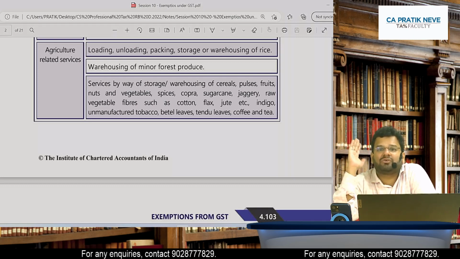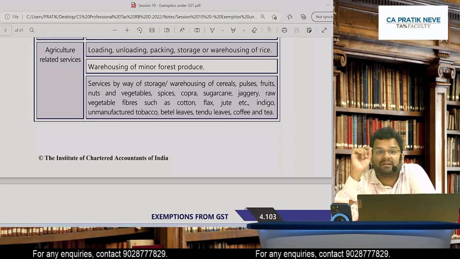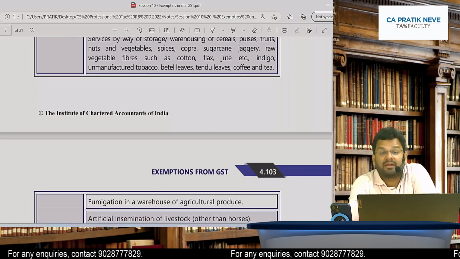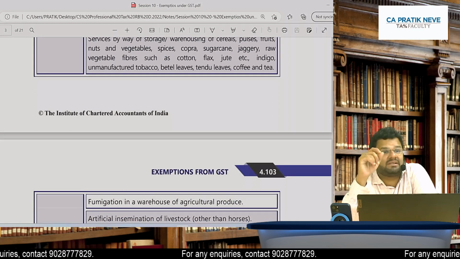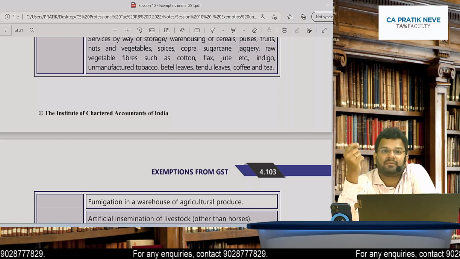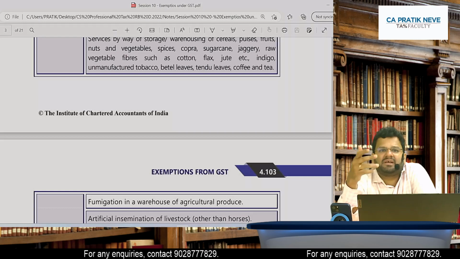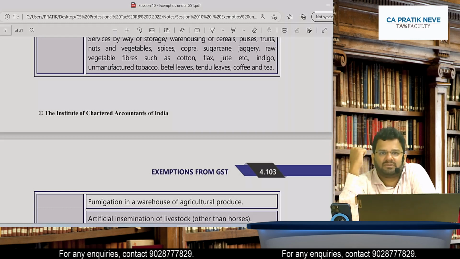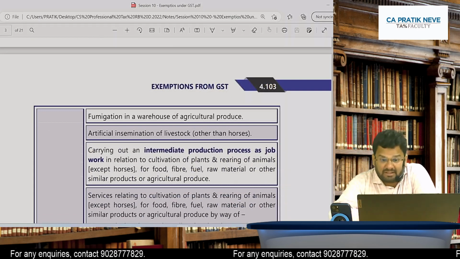Everything of this sort will be exempt. What here is specifically taxable is services with respect to rendering of horses. Horse means basically it could be artificial insemination with respect to horse. That is taxable.